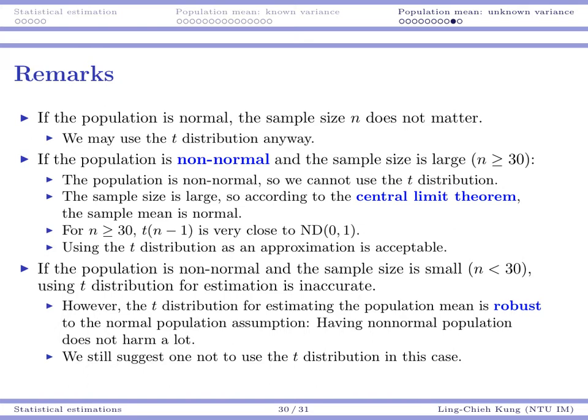Statisticians have shown a surprising thing in the case that when you have a non-normal population and a small sample size, using the t distribution, using the procedure illustrated in the previous slide, is wrong but not so wrong. The estimation is somewhat robust. Having a non-normal population does not harm a lot. Okay? Technically, theoretically. But in practice, we suggest you don't do that.